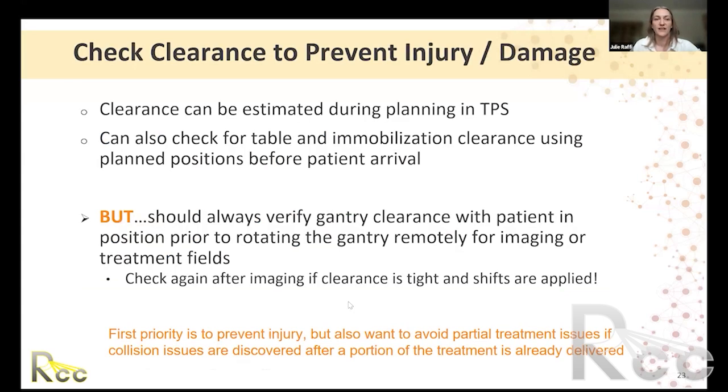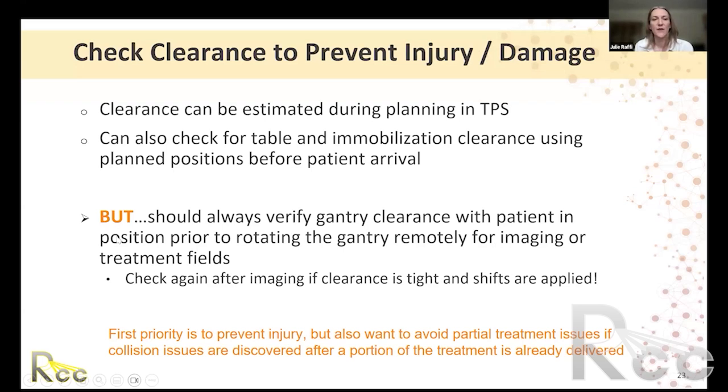We also want to check clearance of the gantry around the patient to prevent injury to the patient or damage to any of the immobilization devices or the treatment table. Clearance can be estimated from your treatment planning system during the planning procedure. And we can also check before the patient comes if we have their immobilization devices, we know the table position, and can set those things up to check for collisions with the table and the immobilization devices prior to treatment.